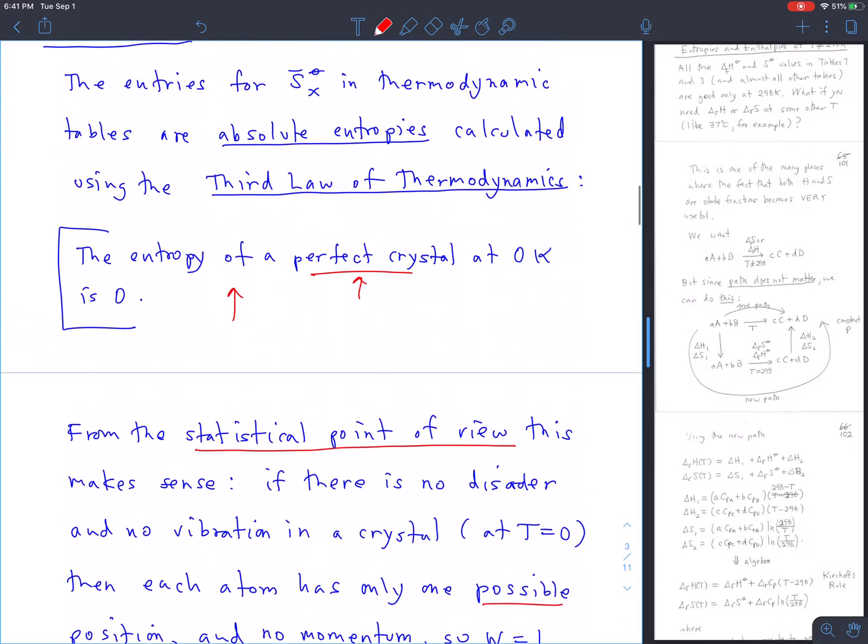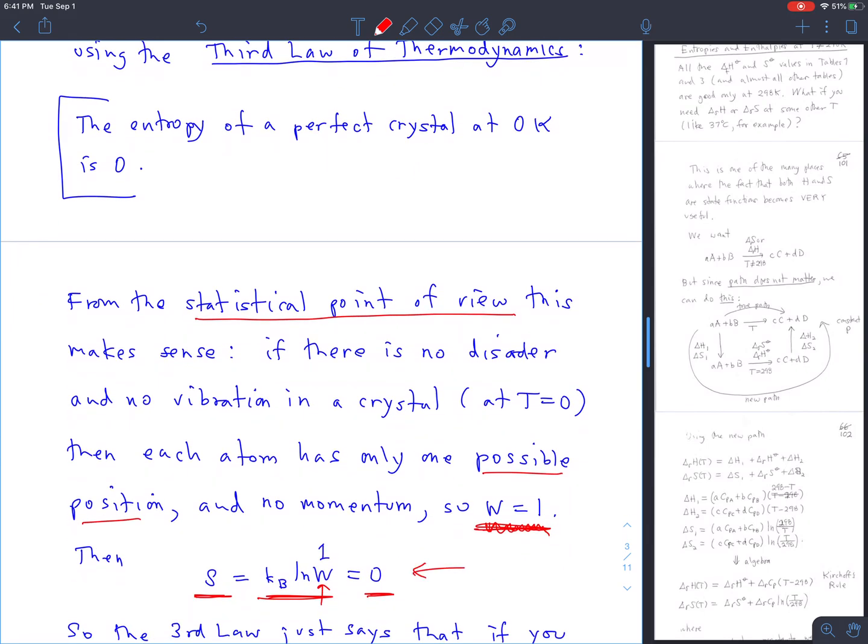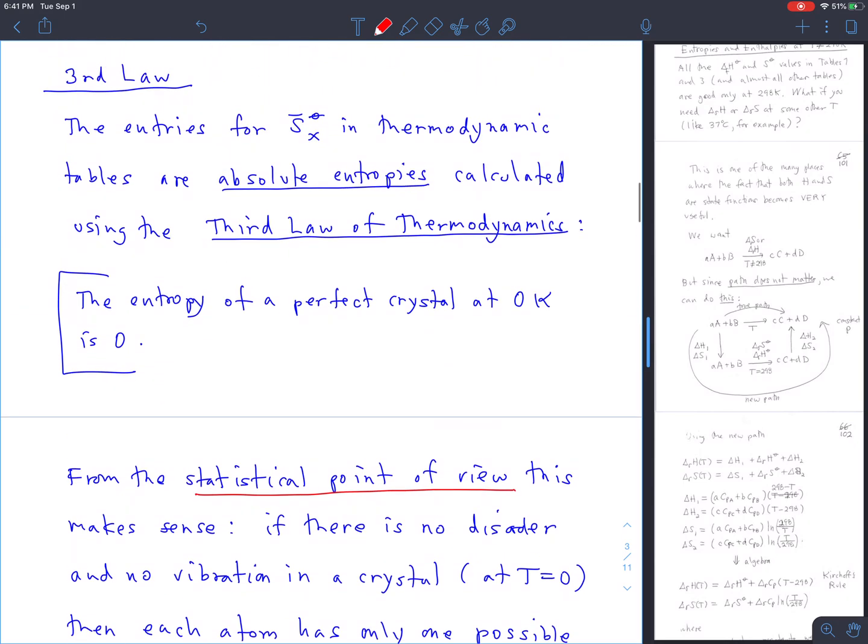This law was formulated at a time when the statistical interpretation of thermodynamics was beginning to be appreciated. It wasn't fully appreciated yet, but it was post-Boltzmann. This relationship was already known when the third law was formulated, I think anyway, if I have the history right in my own mind.